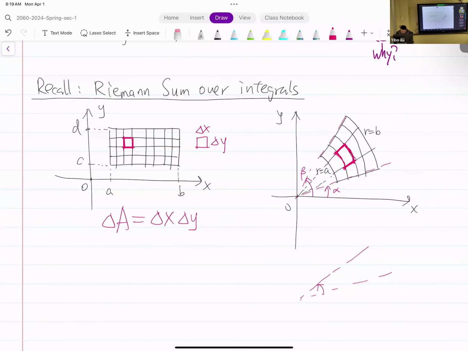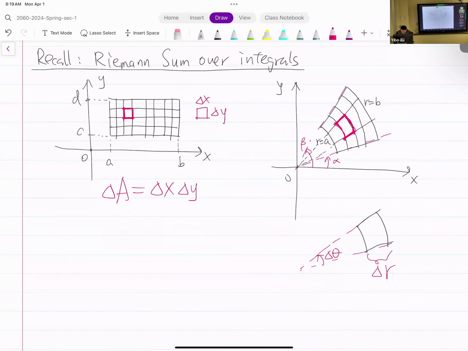That's delta theta. And delta r is the increment in the radius, from the smaller radius to the larger radius. So you have the region like this. This is delta r.